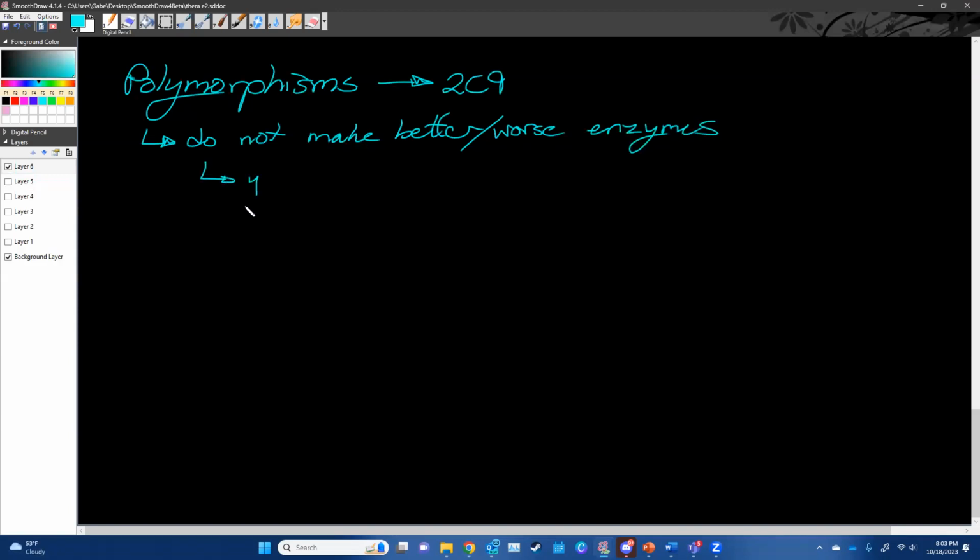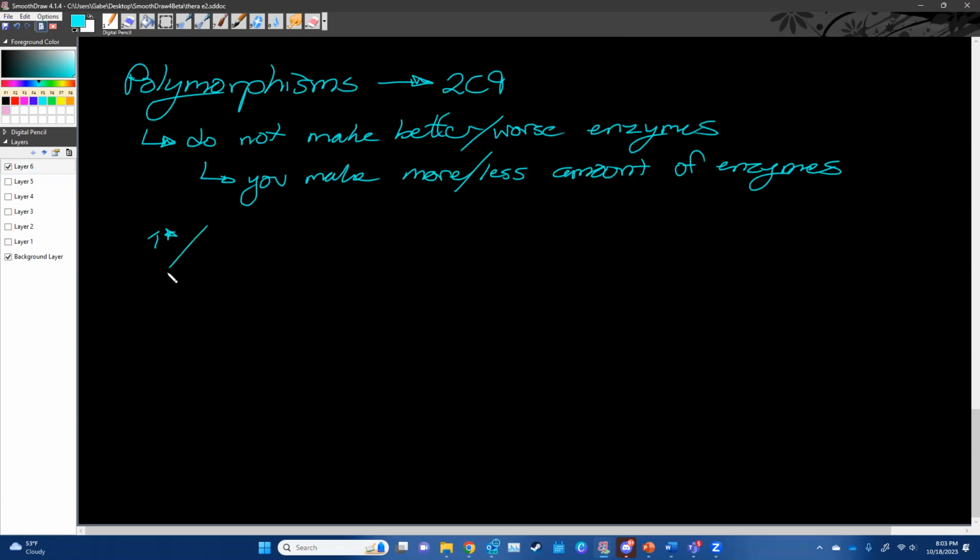You make more or less amounts of enzyme. So let's say that a normal person has the normal allele, star one, star one. You have normally in every liver cell 50 2C9 enzymes.